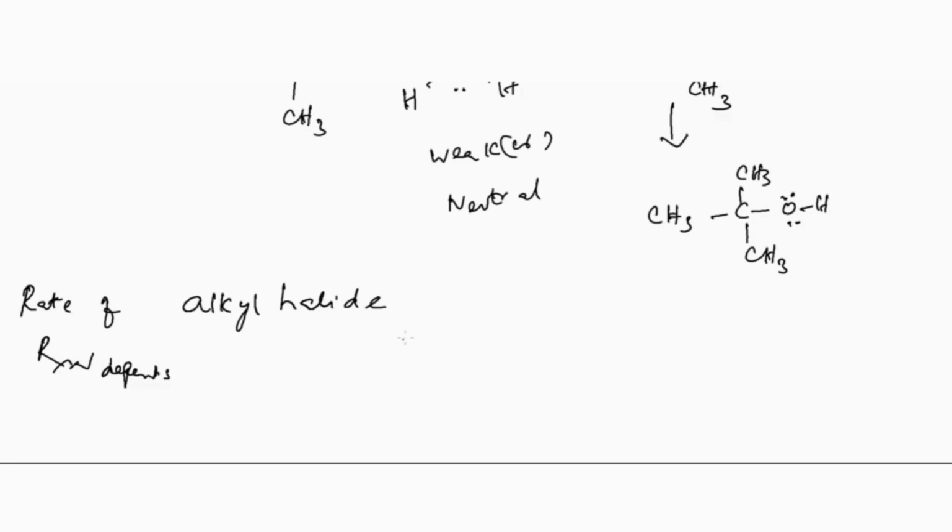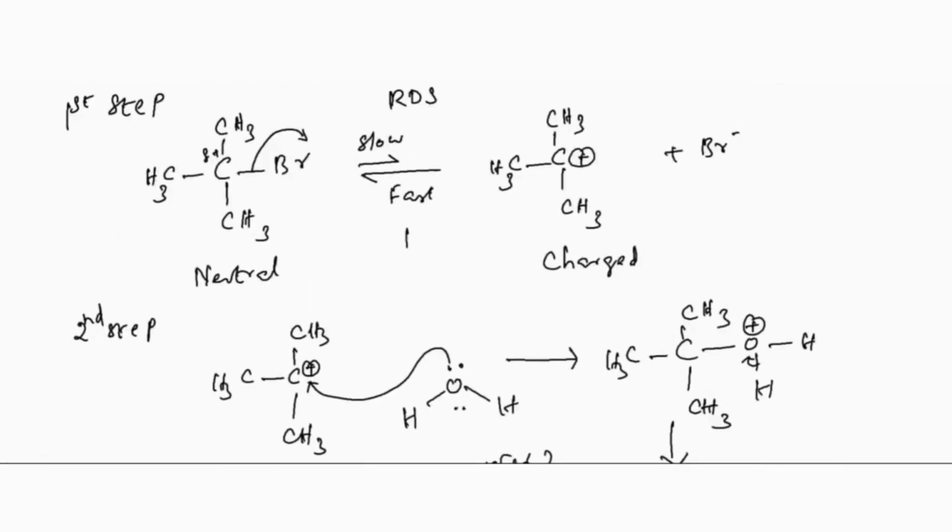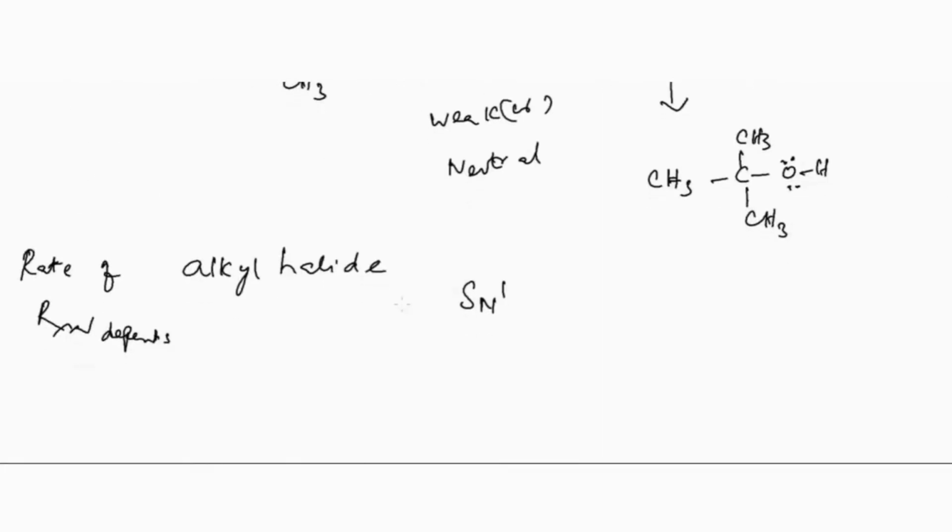So why is this reaction called a unimolecular nucleophilic substitution reaction? In SN2, both the nucleophile and the alkyl halide are involved in the rate determining step, but here only one reactant, the alkyl halide, is involved.